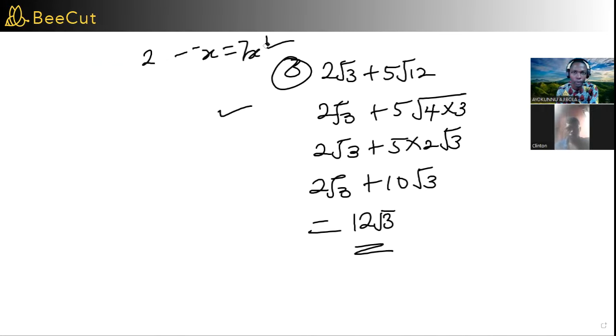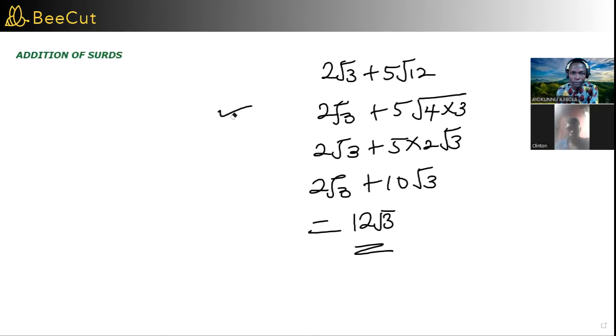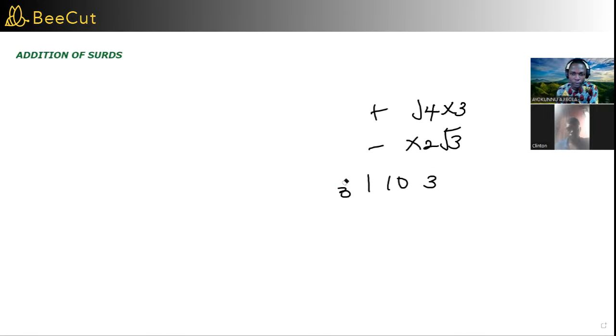Now, number 4. That is 2 root 3 plus 5 root 27.